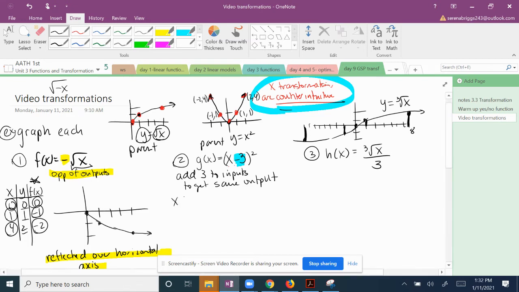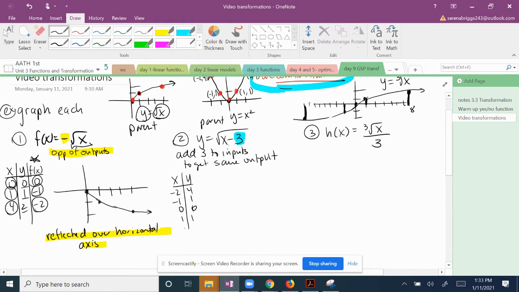So just to put that in a table format, my x comma y looks like negative 2 gives me 4, negative 1 gives me 1, 0 gives me 0, 1 gives me 1, 2 gives me 4. It's the inputs that are changing. The outputs will stay the same.